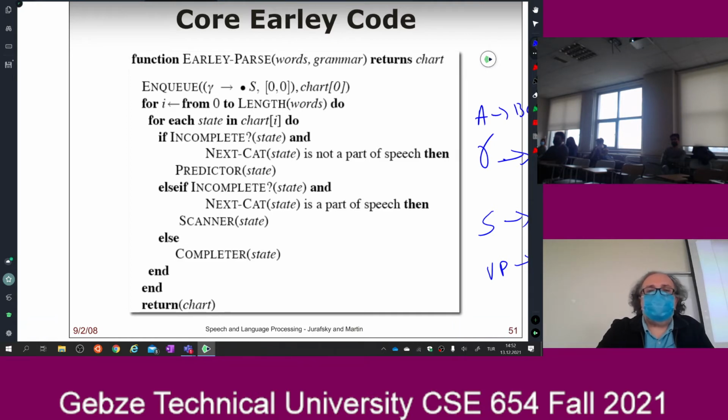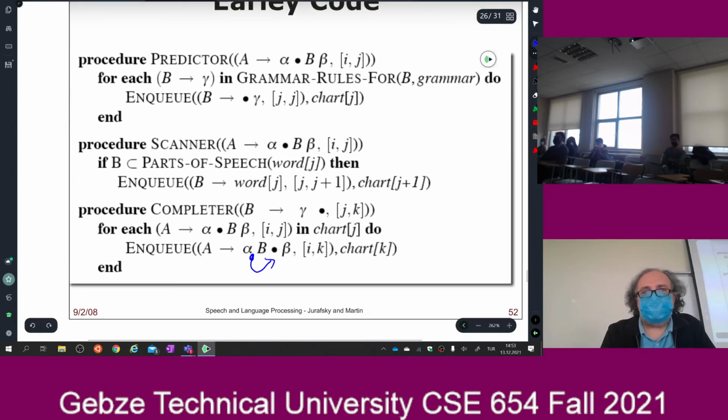If you are incomplete, if the next category in the state is not a part of speech, then I am predicting it. If it is a part of speech, then I found it. Then if it is not incomplete, I am going to do the scanner, and otherwise it will be completer. Scanner and completer and predictor are done that way.